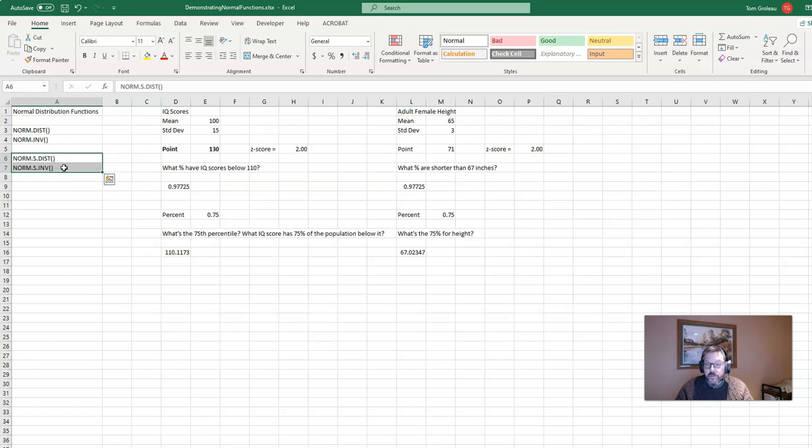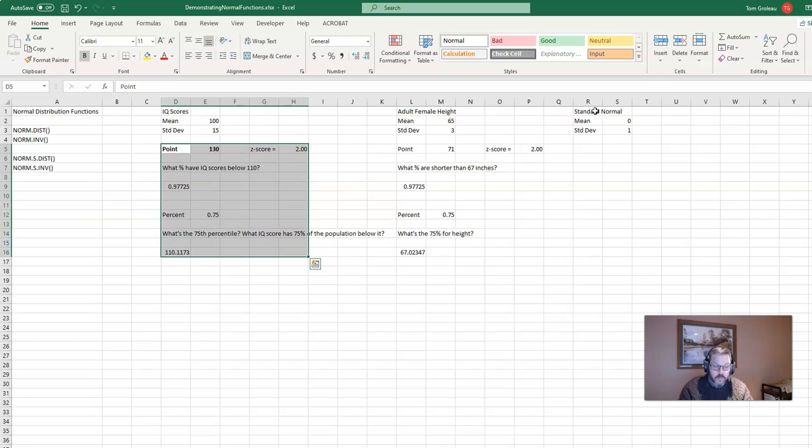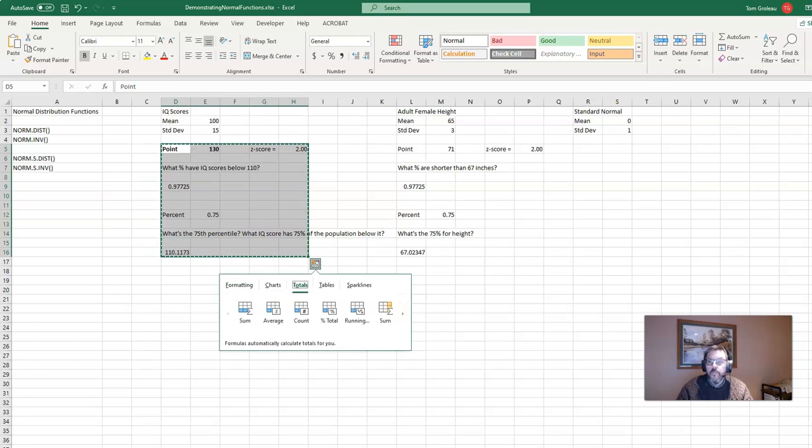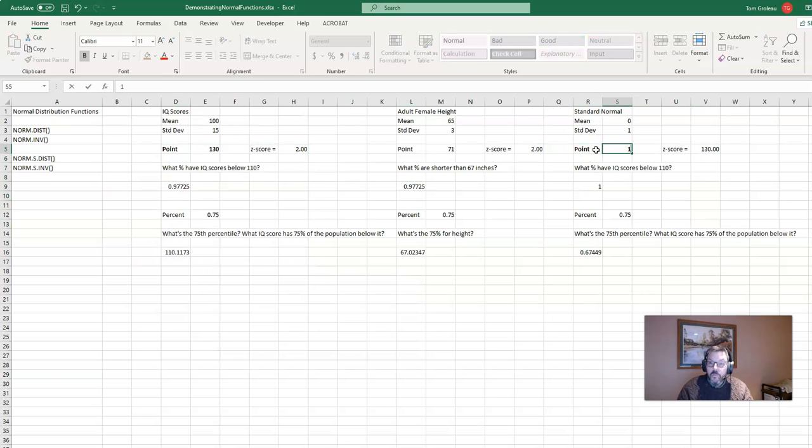The standard normal is called the z-distribution, or the standard normal. It has a mean of 0 and a standard deviation of 1. So if I want to do all the stuff I've done here, I would want to go, in this case, 2 standard deviations above the mean.